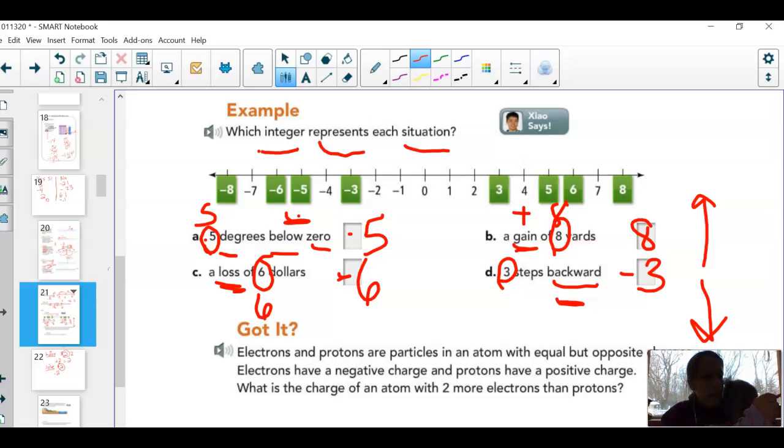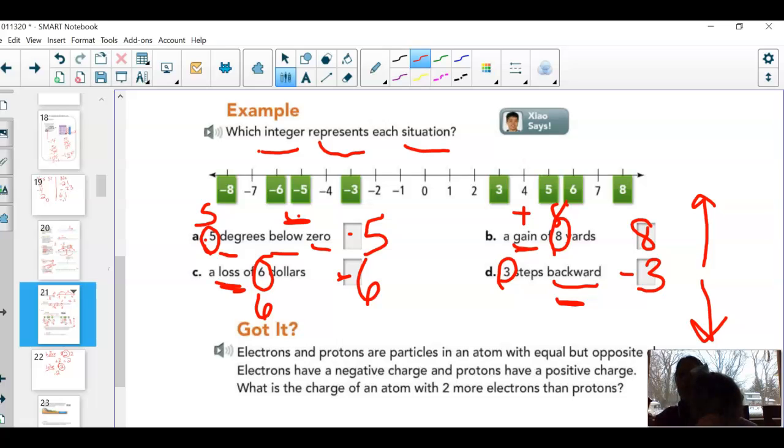Now let's go ahead and put it in some work with science. So in science, we have talked a little bit about electrons and protons, and you probably remember talking about that in 5th grade more. We haven't spent a lot of time talking about atoms. But every little thing has atoms in it.